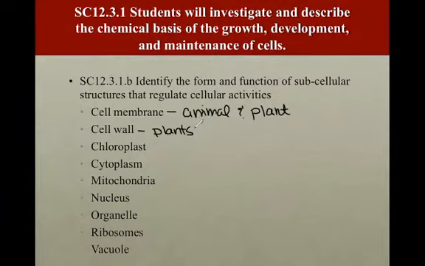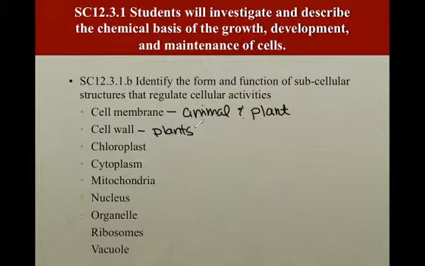If we had cell walls, everything would be rigid. Very little movement going on. Even bone cells have just a cell membrane, but they're surrounded by what's called a matrix, by mineral and different hard compounds that make the bone hard.